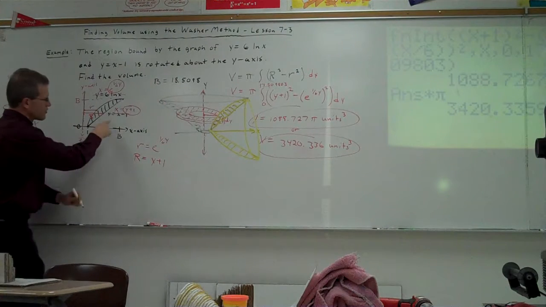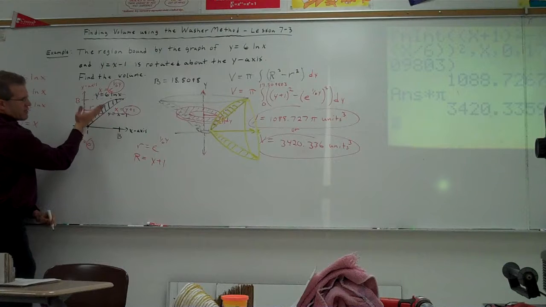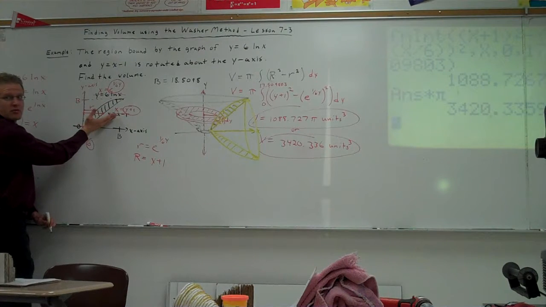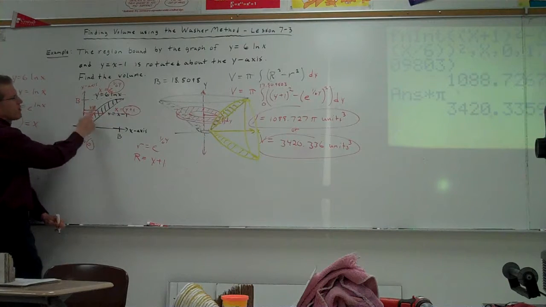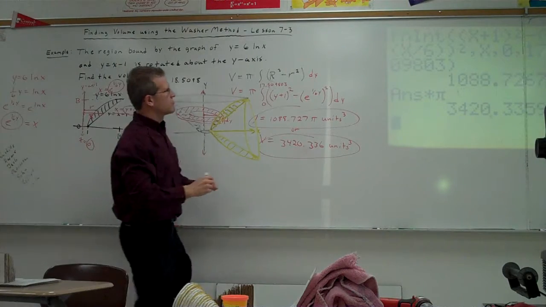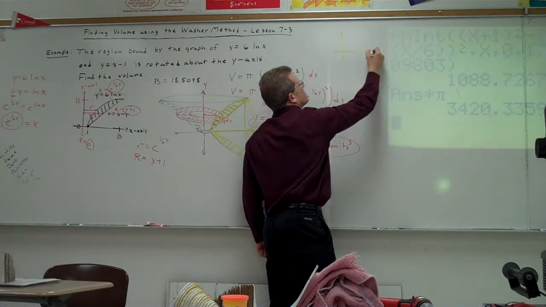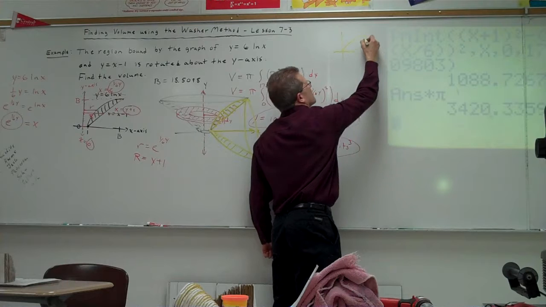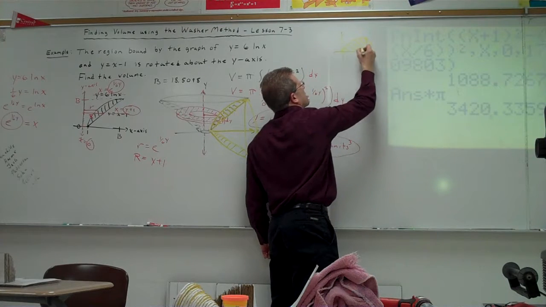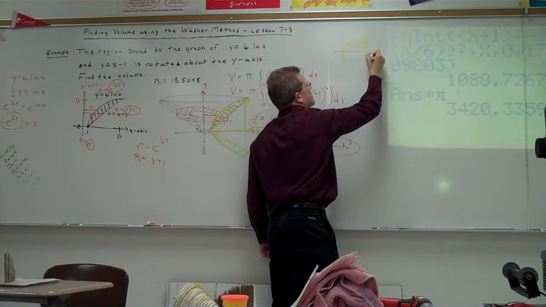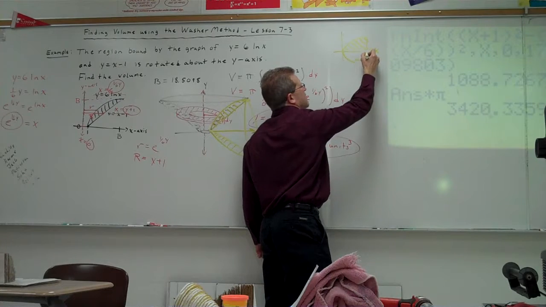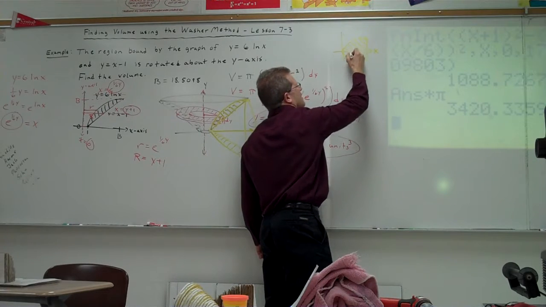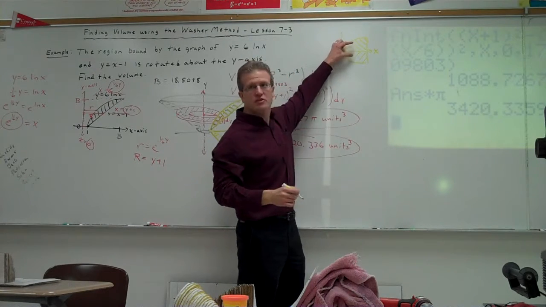Anytime there's white space between your axis of rotation and your figure, that's the washer method. So even if you rotate it around the x-axis, I see this white space, have to use the washer method. If I rotate it around the y-axis, I see this white space, got to use the washer method. When you have something like this and you want to go around the x-axis, that's not going to be the washer method because you won't have any hollow space on the inside.